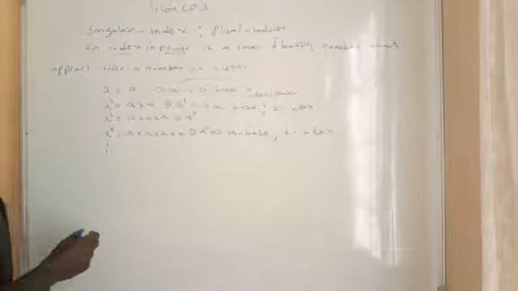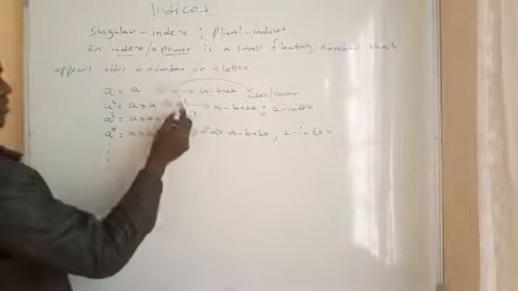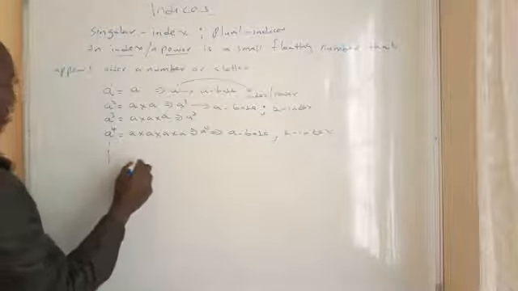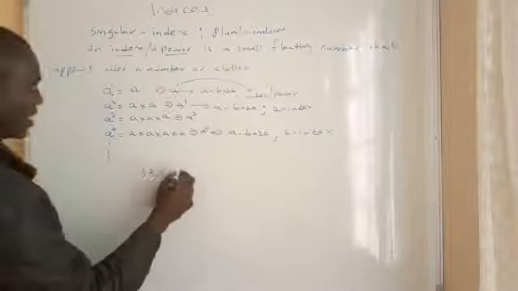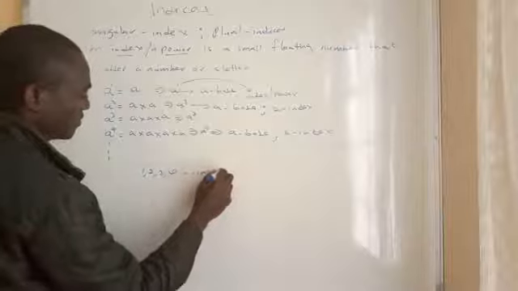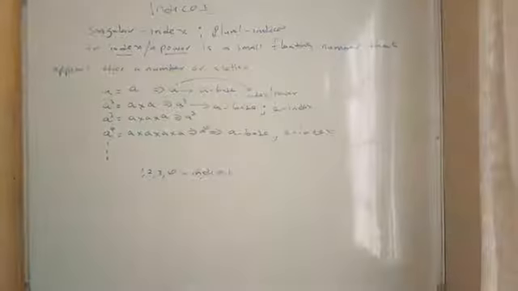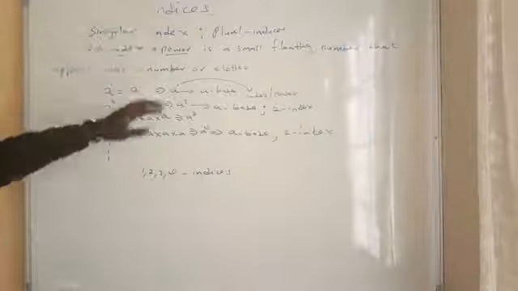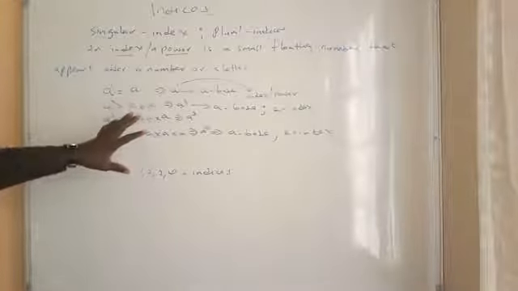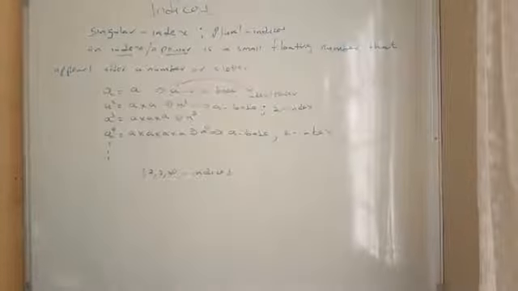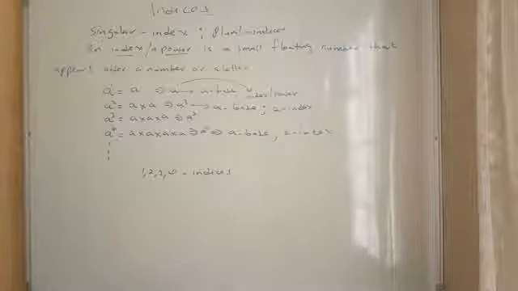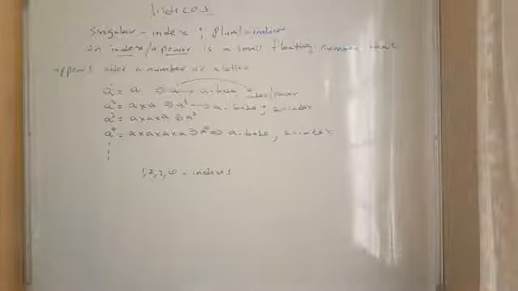So in other words, the numbers 1, 2, 3, and 4 that are used here are called the indices. So this chapter will deal with this, what I have defined here. I've been able to define what a base is and what an index is. So when index comes together, many indexes are known as indices. So this chapter will deal with this.